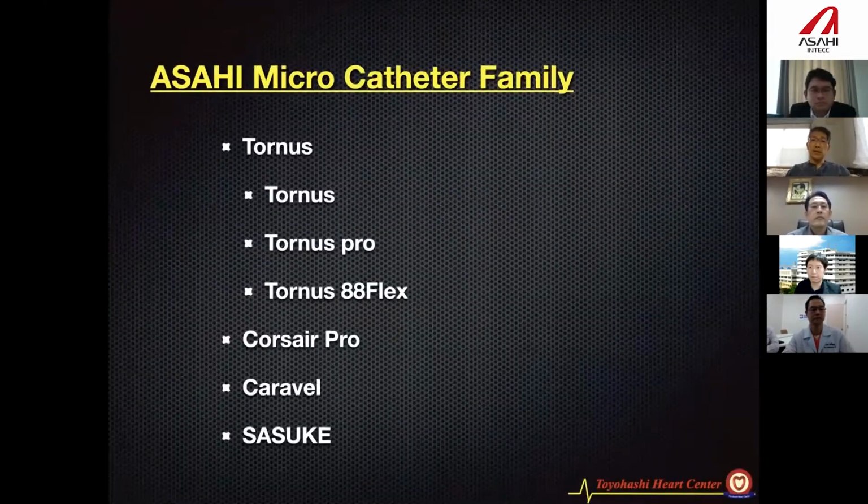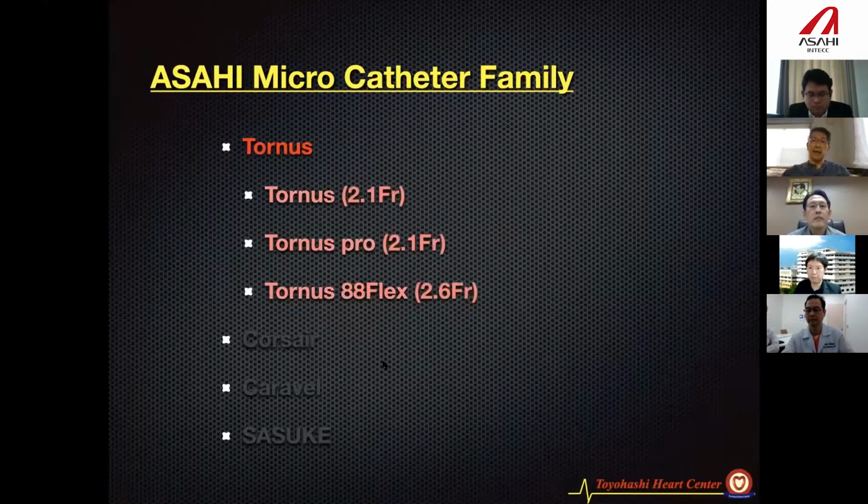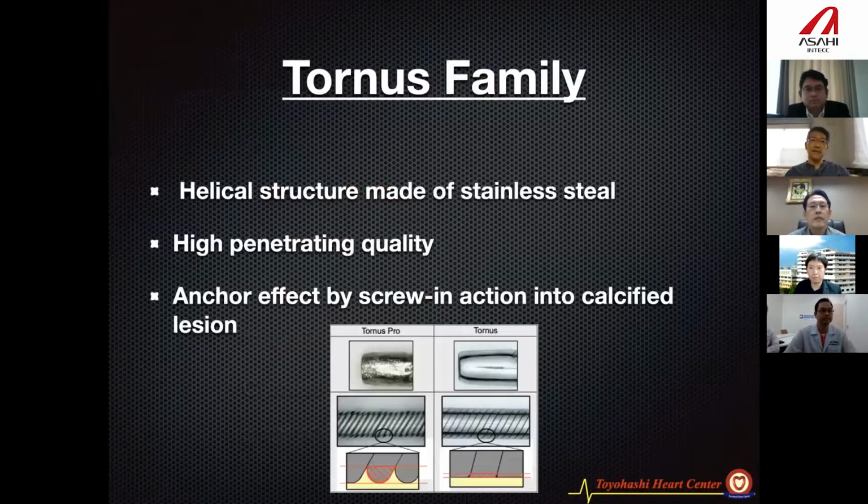So as you know, now Asahi has various microcatheters as I show here. Among them, first of all, I want to talk about the Tornus family. So Tornus catheters have the same structure, which is made of stainless steel like this.